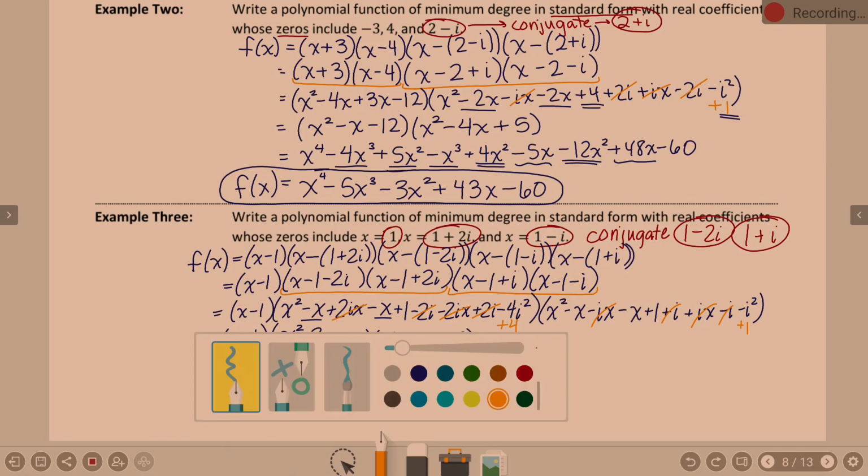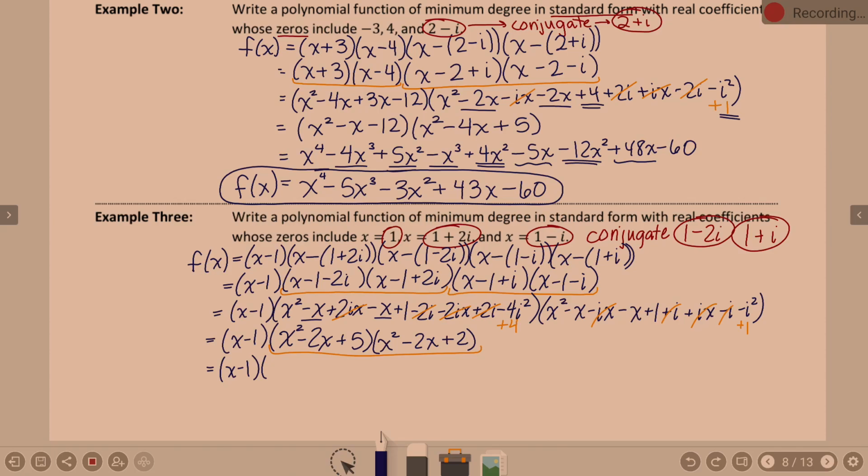Okay. x squared times x squared. x to the fourth. Minus 2x cubed plus 2x squared. Then I'm distributing my negative 2x. Minus 2x cubed plus 4x squared minus 4x.